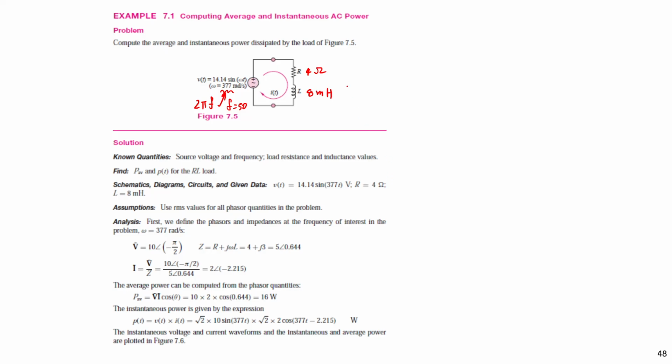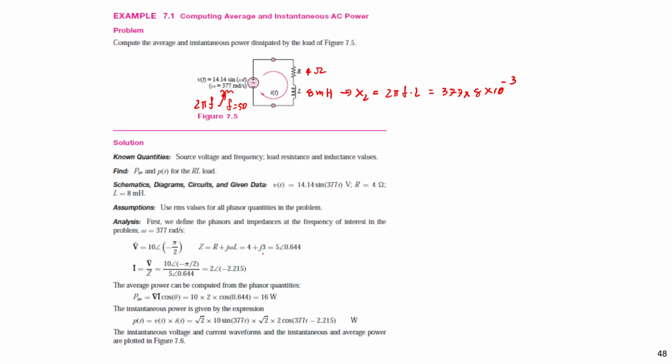So we can compute XL, which is 2 pi f L, so it will be 377 times 8 millihenry. How much do we get for this value?